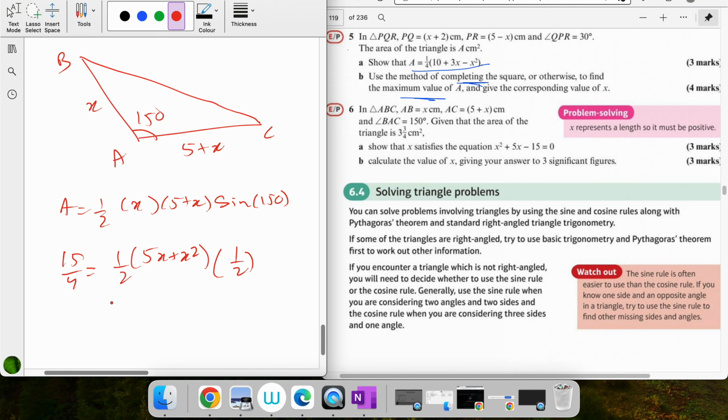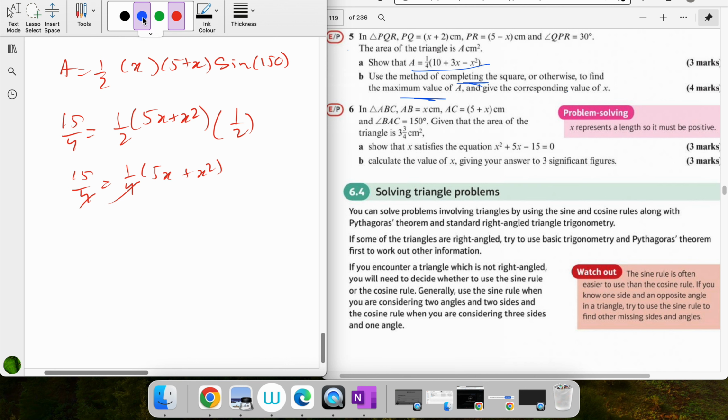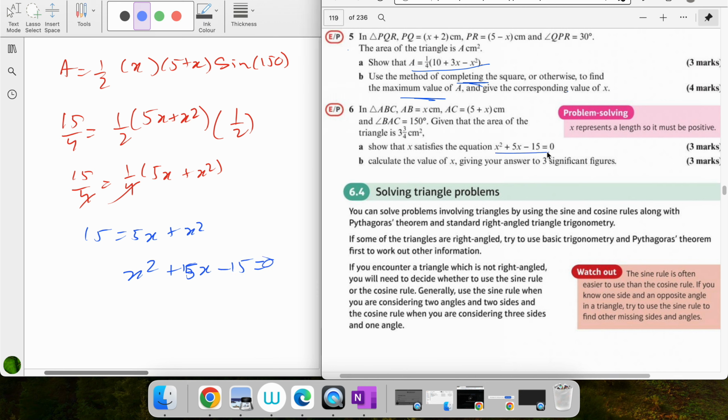So this is 15 by 4, this is 1 by 4, 5x plus x square, we get rid of this 4 and we rearrange the equation. 15 equals 5x plus x square, that is x square plus 5x, bring 15 to this side, minus 15, is equal to 0. So shown.